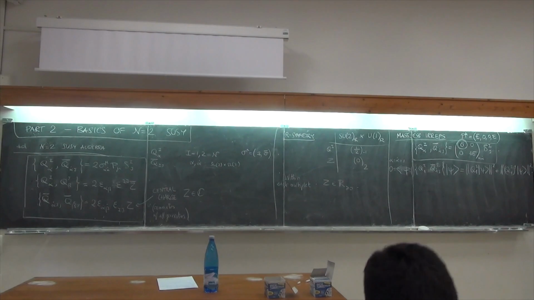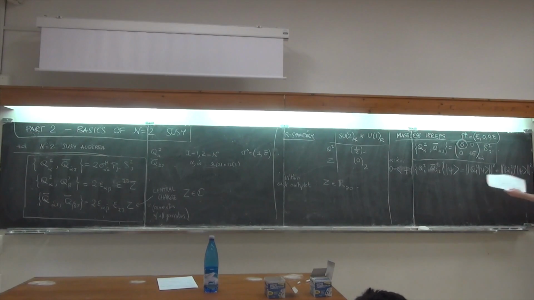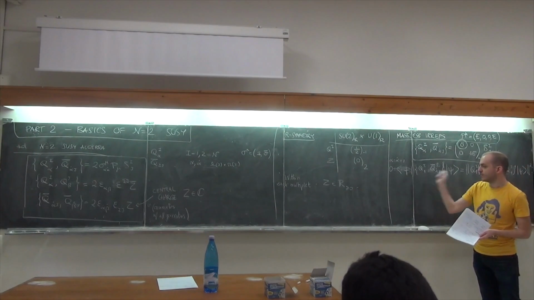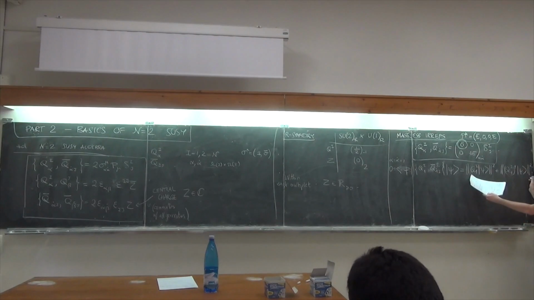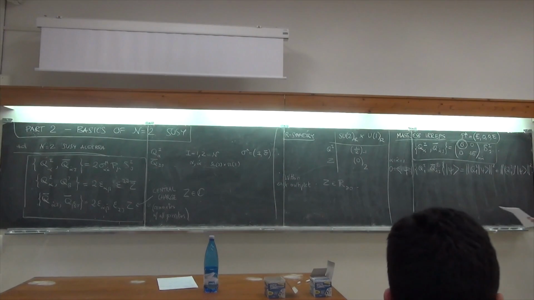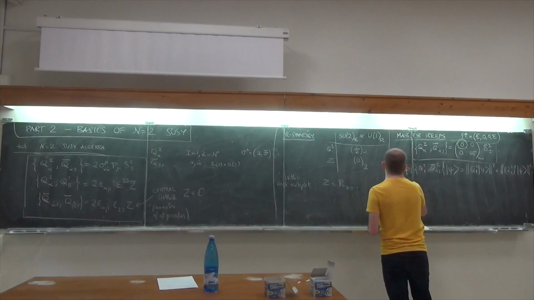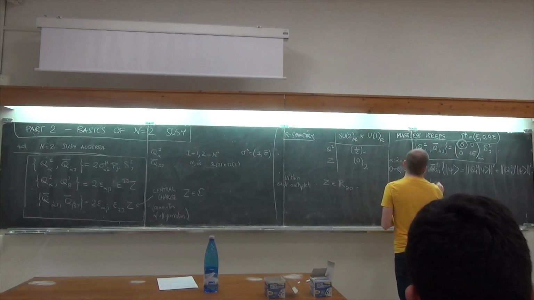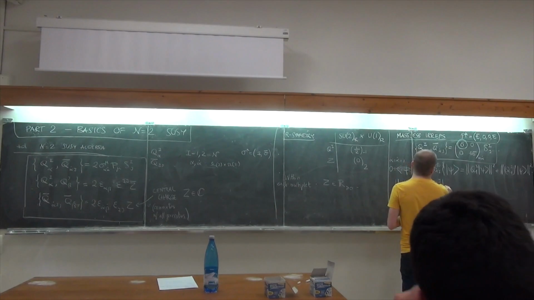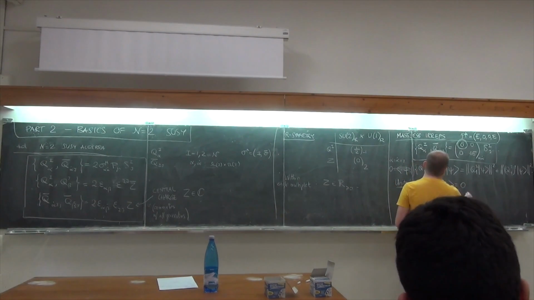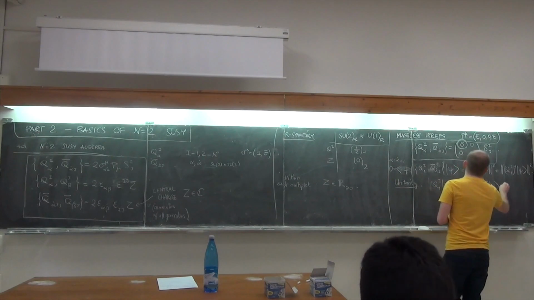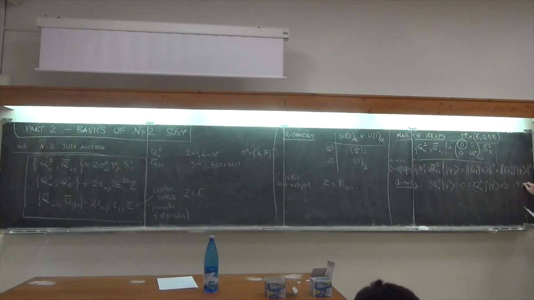So these are norm squares, so they have to be positive. But the supersymmetry algebra tells us that this sum of squares is 0, and so by unitarity we have to impose that Q 1 i psi is 0, and also the complex conjugate Q 1 i dagger psi, for all physical states.